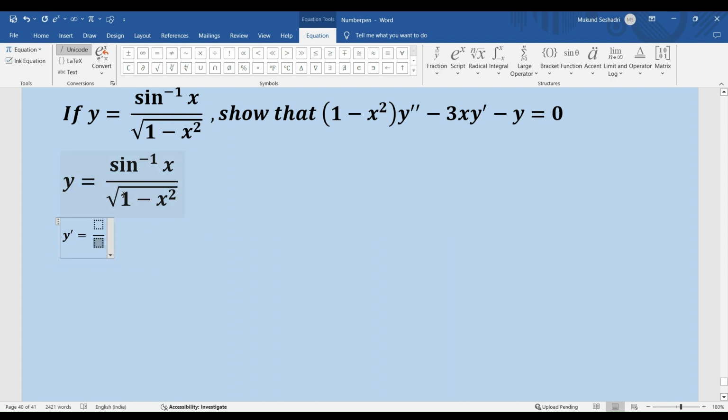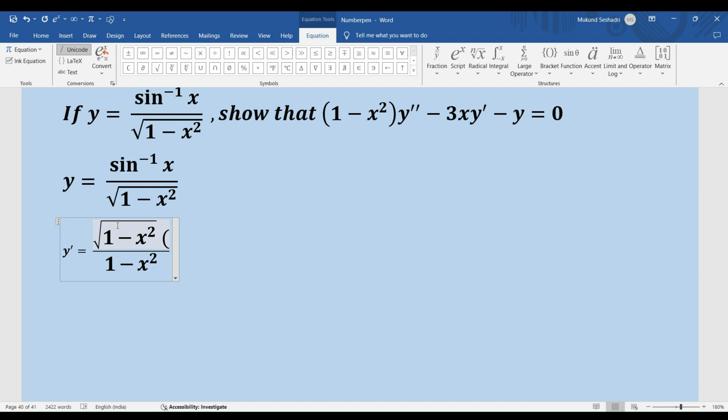I get a 1 minus x square, right? And as we proceed, you will slowly understand why am I not doing this by the method of substitution, right? And then I retain my expression in the denominator, and then I differentiate my numerator with respect to x.